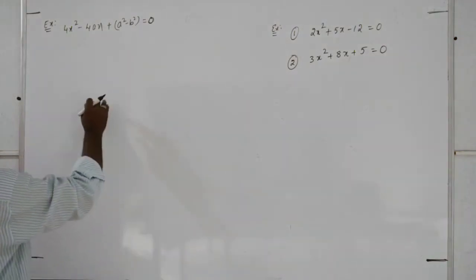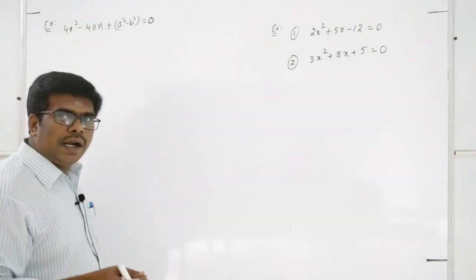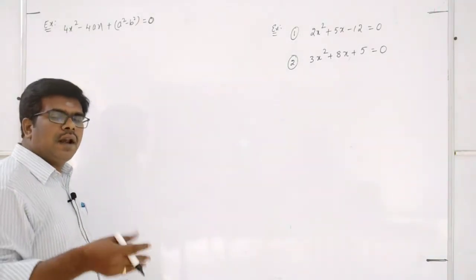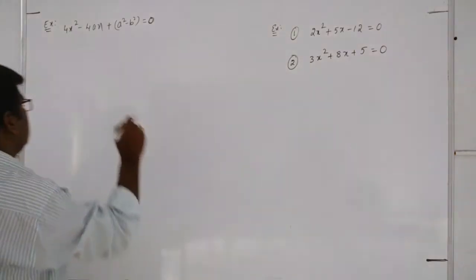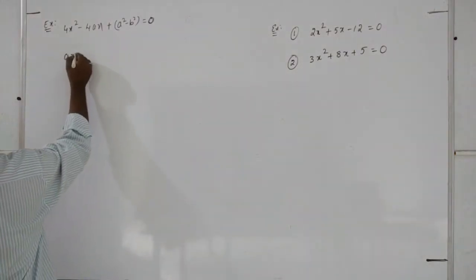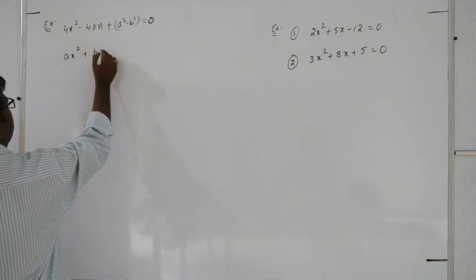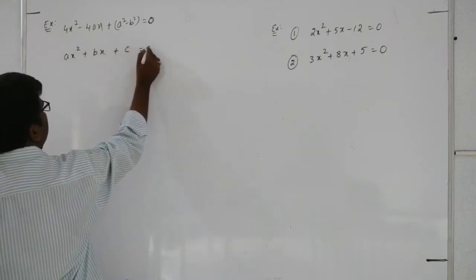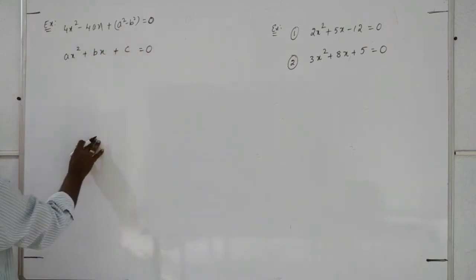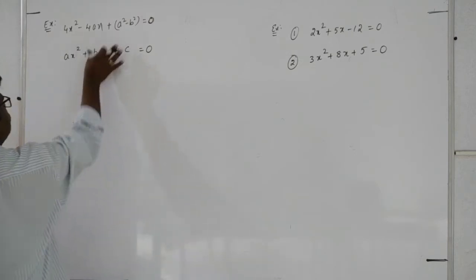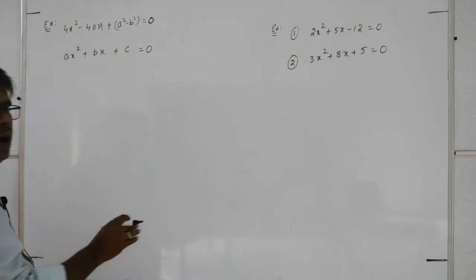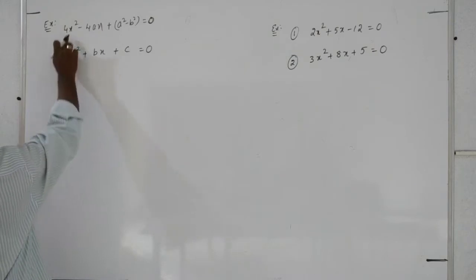If you compare it with our general quadratic equation, what is our general quadratic equation? We have ax square plus bx plus c equal to 0. Comparing these two equations, a equal to what?